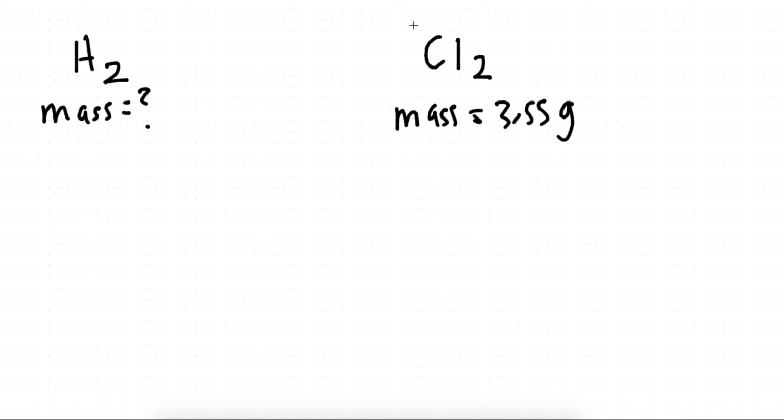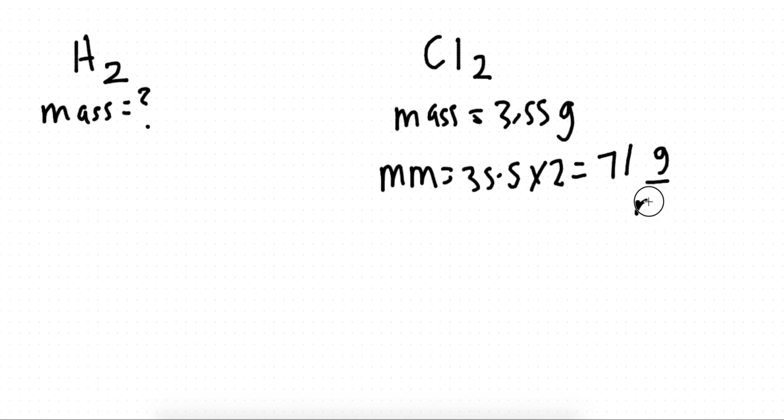Look up the nuclear number, you get 35.5, but hold on a second. That is for Cl. We now have Cl2. So 35.5 multiplied by 2. So the molar mass is going to be 35.5 times 2, which equals 71 grams per mole.